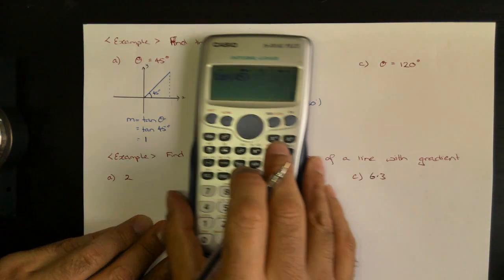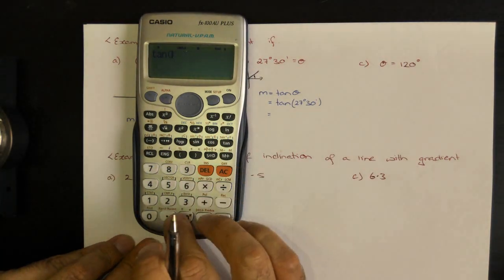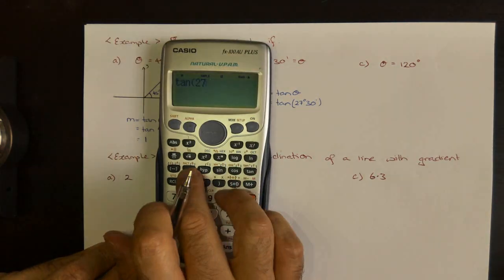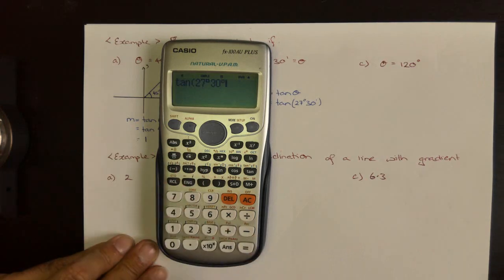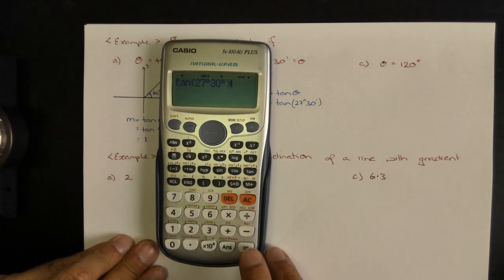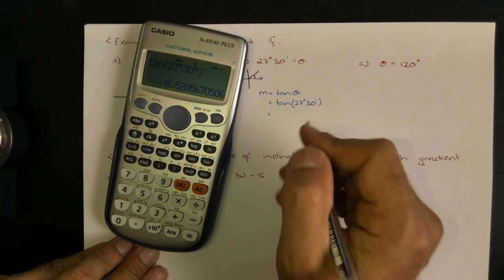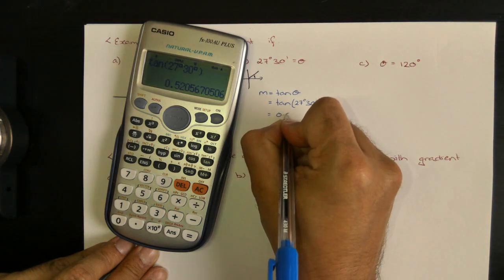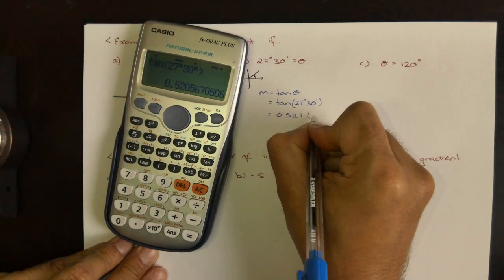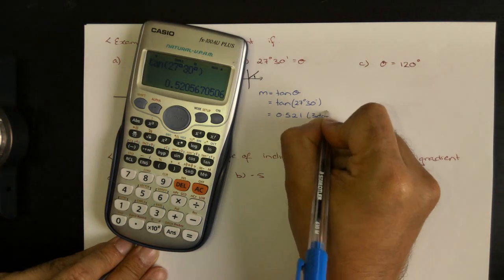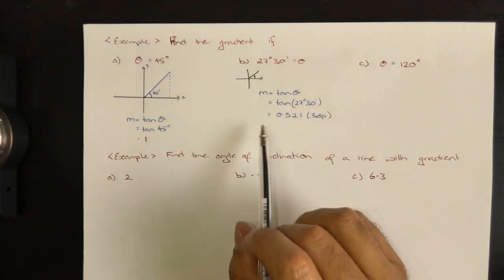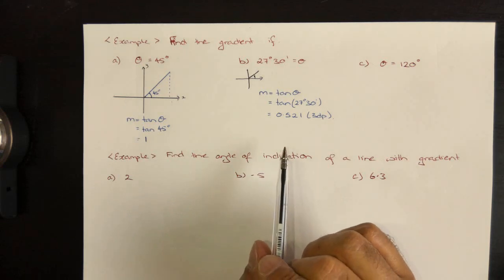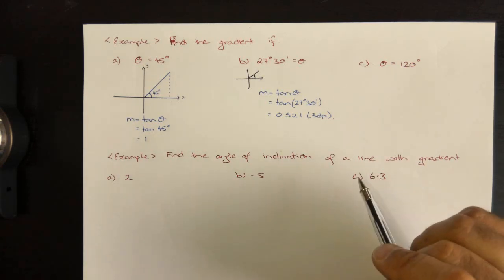Plug that into my calculator: tan 27 degrees and 30 minutes. Close the brackets, and I get 0.52, to 3 decimal places. So something like that would be y equals 0.521x plus or minus something.